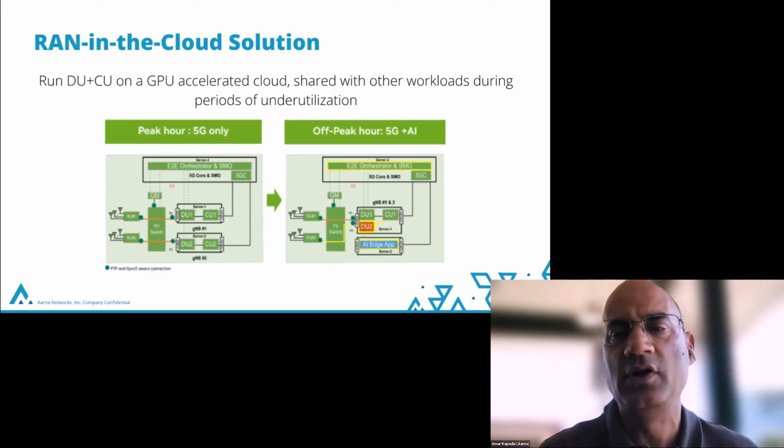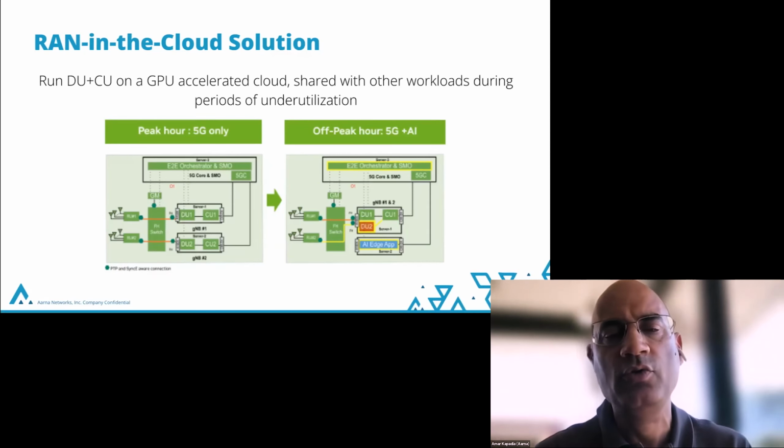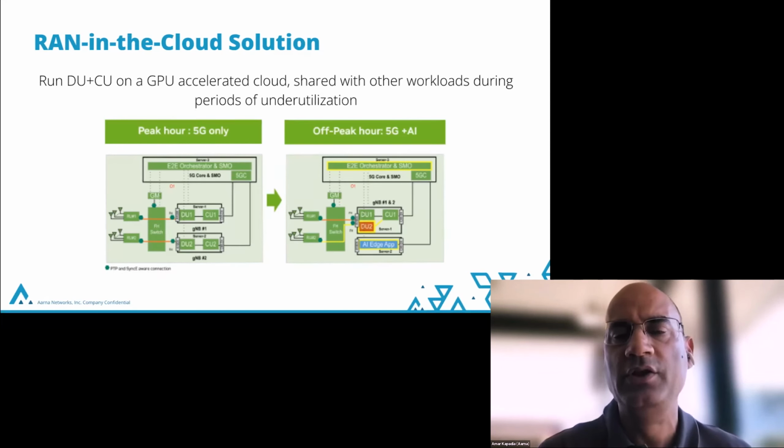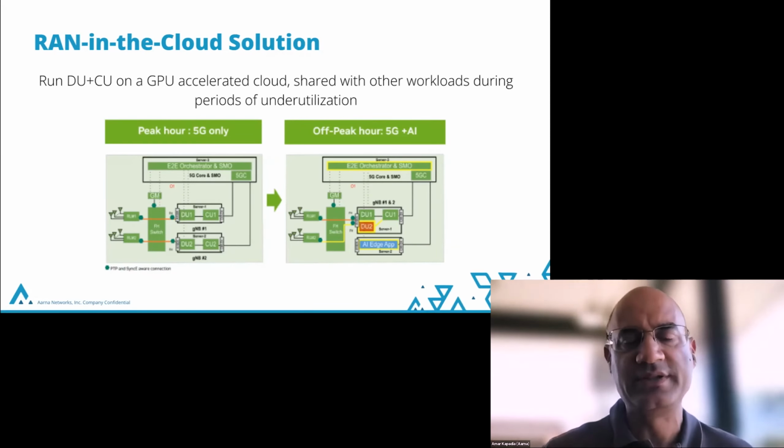Now evening comes along, night comes along, and the traffic drops, utilization drops. Now what we can do is we can move DU2 to the first node. And so now we have both the DUs on that node shared across one CU. And the second node is now completely freed up. So we use it for an AI application, an AI edge application. So that's the general idea of this scheme.